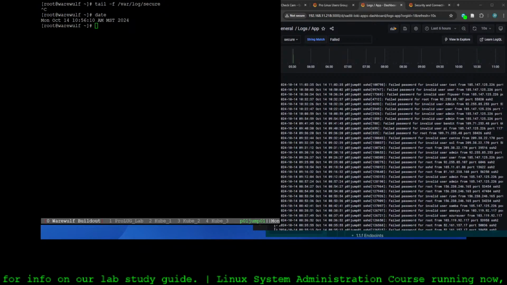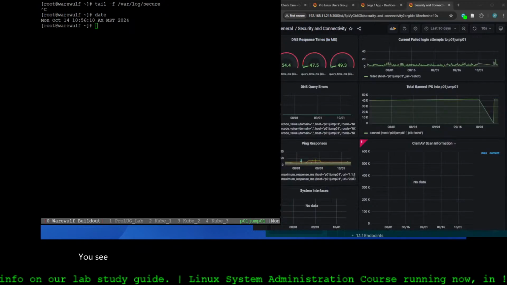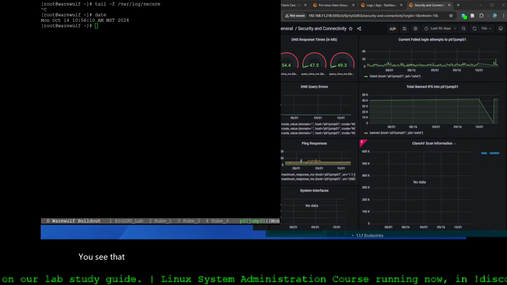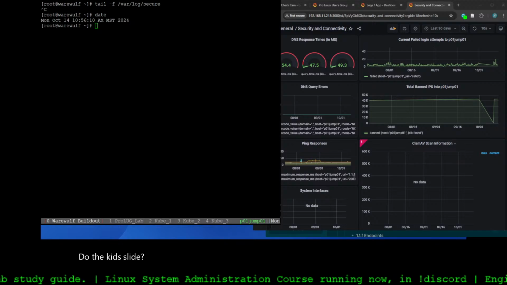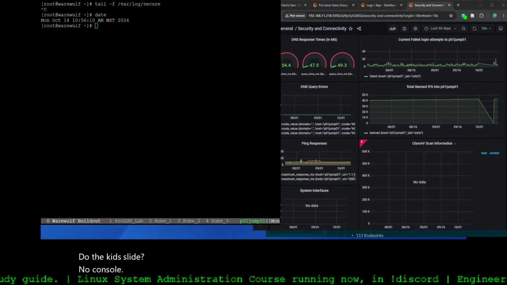Duplicate slide node console to watch boot.